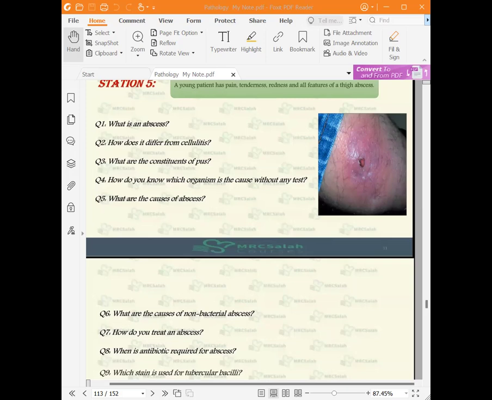Which color will indicate what? Yellow, Staphylococcus aureus; green, Pseudomonas; silver, actinomycosis.